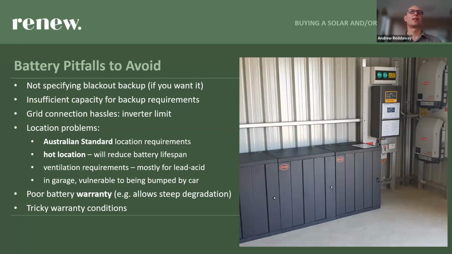A whole house ducted aircon, very unlikely that you'll run that through the whole night on a hot day or a cold night. Just think about what are your essential appliances that you want to run, and the electricians have ways to segregate parts of your electric consumption in the house so that they're the circuits that will get backed up. Inverter limit, I've talked about that.